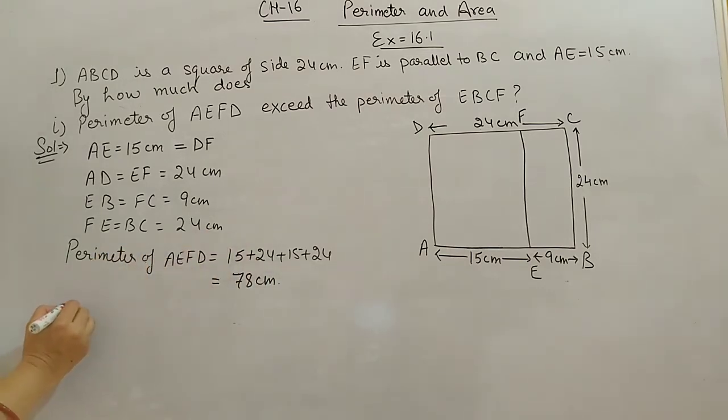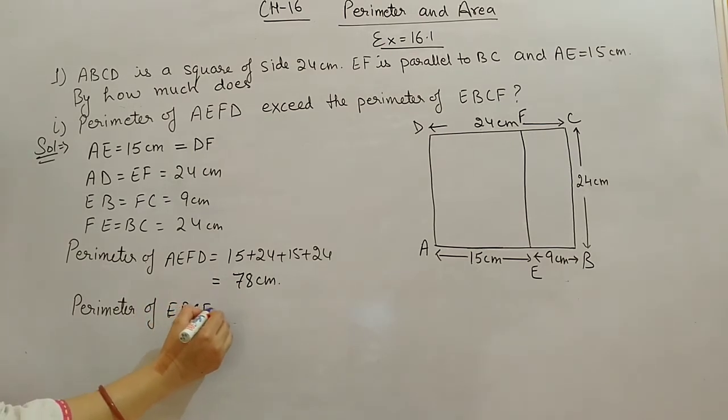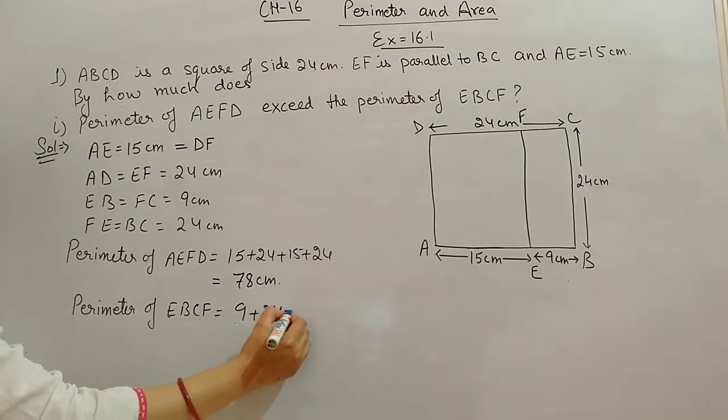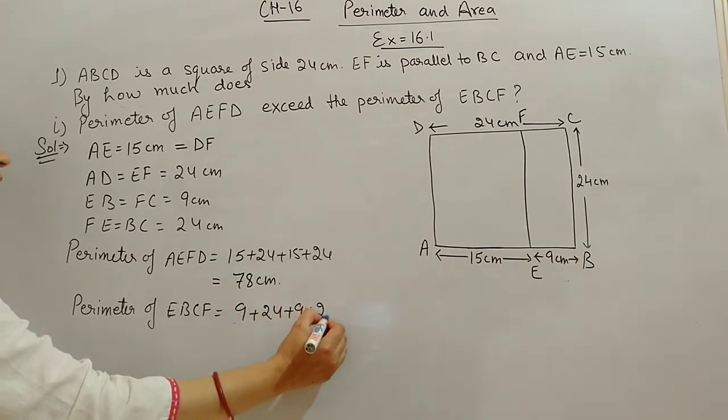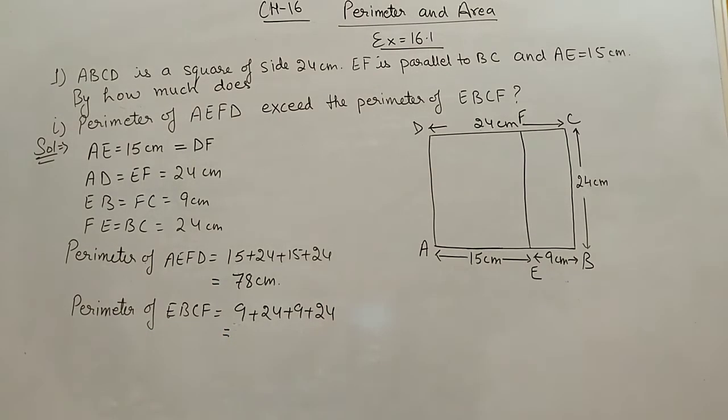Then next you have to find out the perimeter of EBCF. So add all four sides. 9 plus 24 plus 9 plus 24, which is equal to 66 centimeter. So next we have to tell how much is the difference between these two perimeters.